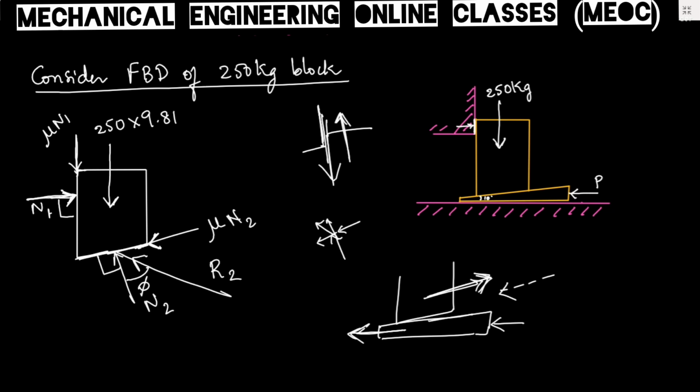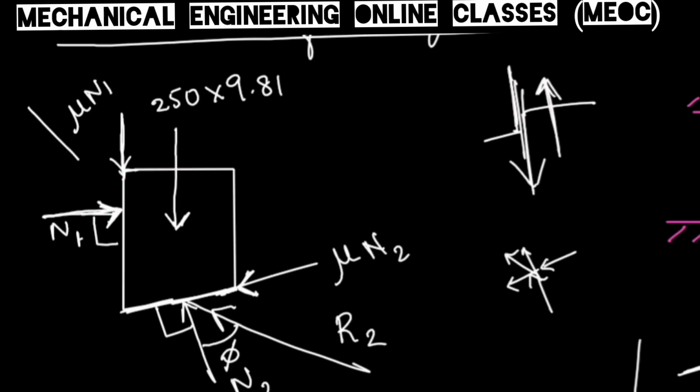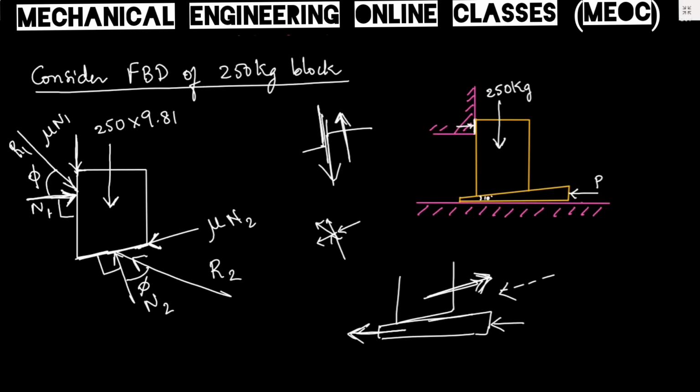So we can show R2, and similarly I can show R1 here, where let this also be phi, because it is given that mu is constant for all the surfaces, so phi is also constant, because mu is nothing but tan phi. If mu is constant, that means tan phi is constant, or phi is constant.